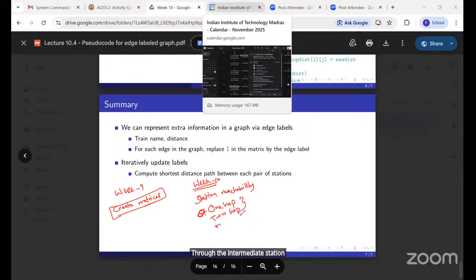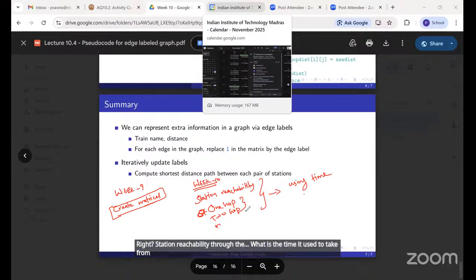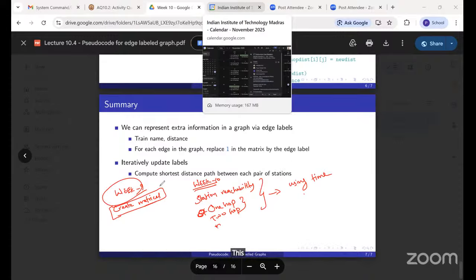And the same thing we did using time also. Instead of having direct of ij just zeros and ones, we computed the time and replaced the one values, right? Station reachability, and the time it would take from station A to B through one op, two op from the direct stations. This is what we have studied in week 9 and 10.